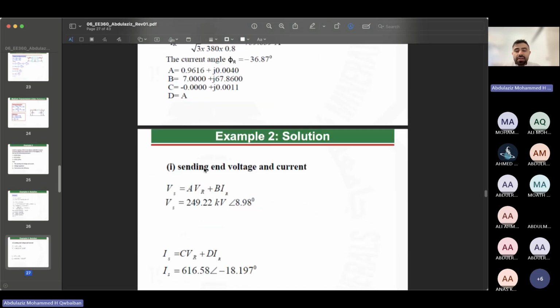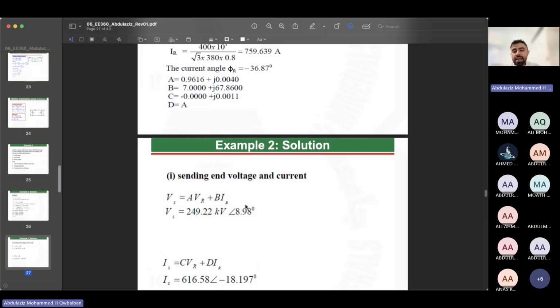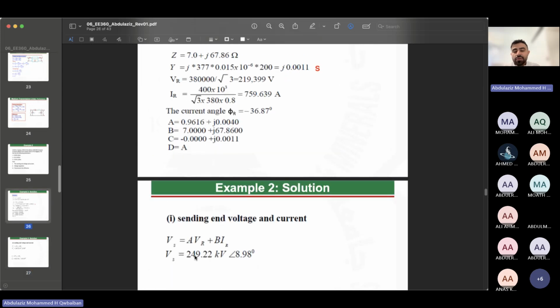So what is the sending end voltage? Sending end voltage is Vs, which is A VR plus B IR. You notice that it's 249 at an angle 8.98. It means this is 30 kilovolts higher than the receiving end voltage, and it has 8.98 degrees phase shift compared to the receiving end.